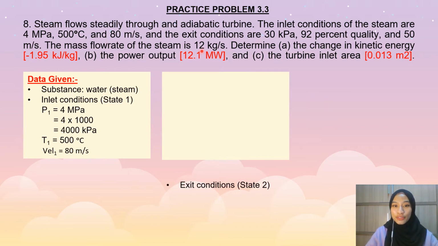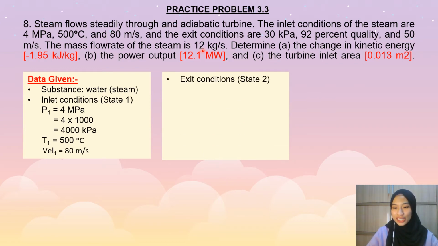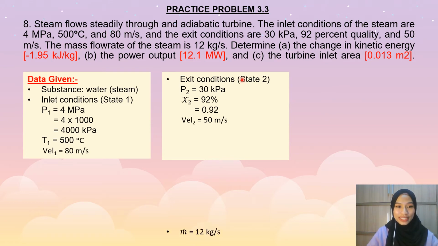Next, the exit condition that we consider as state 2: pressure is equal to 30 kilopascal, quality is 92%, equal to 0.92, and the velocity is 50 meter per second. And the last one is the mass flow rate, 12 kg per second.